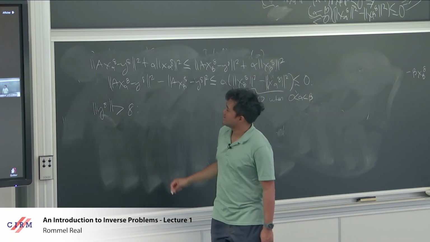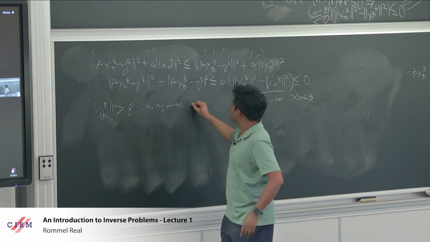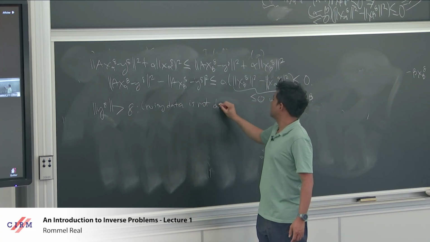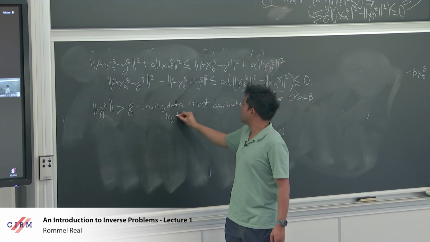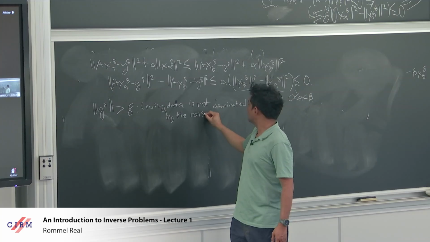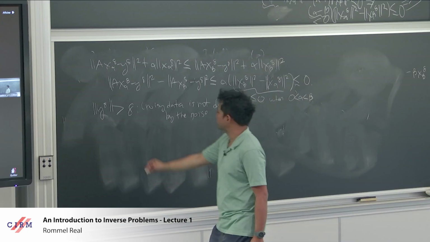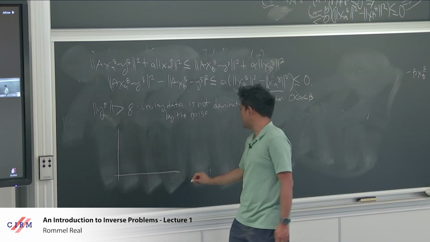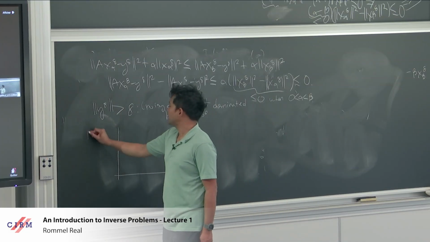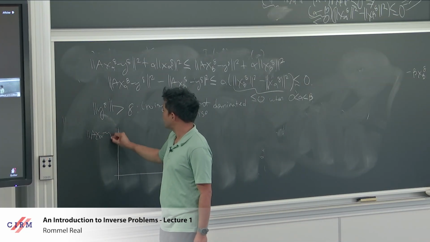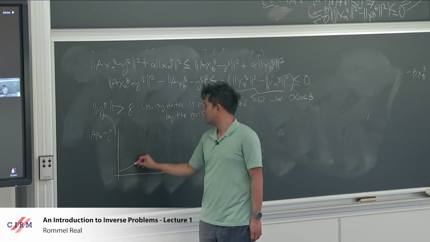Note that when you have that condition, this means that the noisy data is not dominated by the noise, and that result there tells us this one. Suppose this mapping here is strictly increasing, so it looks like this.